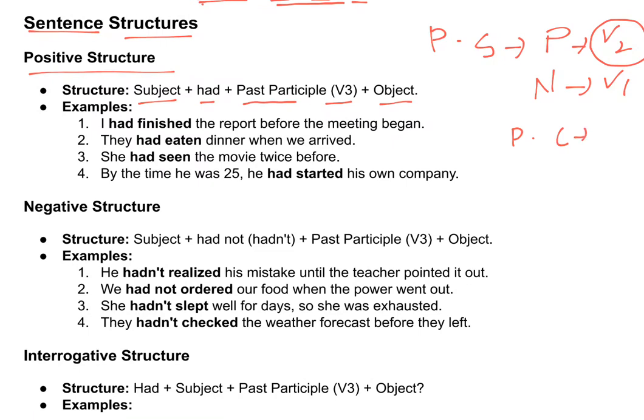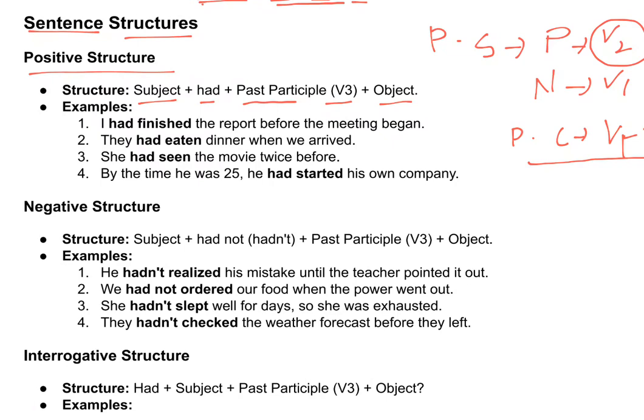Past continuous tense only uses the verb's fourth form, meaning the ing form. And when we talk about past perfect tense, here we use the verb's third form.